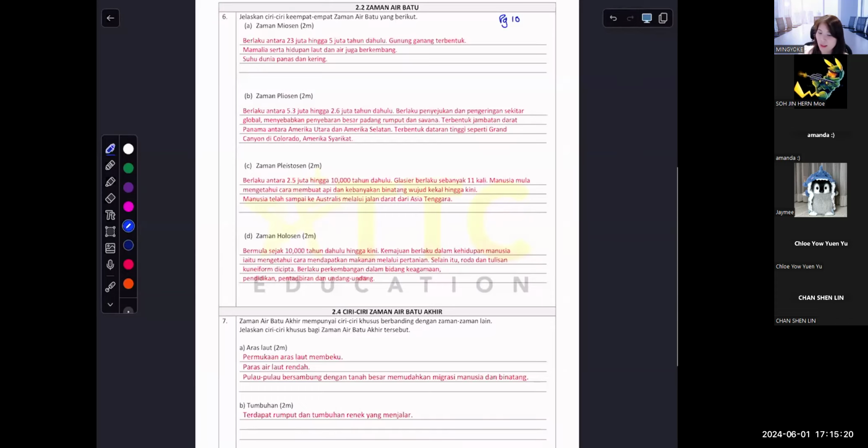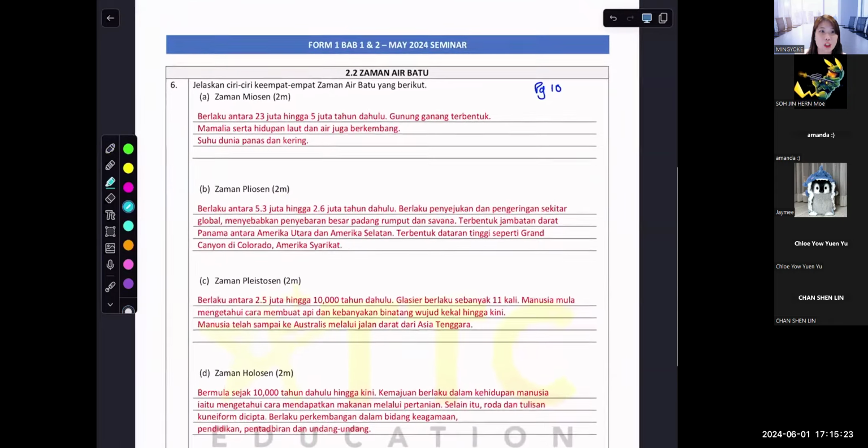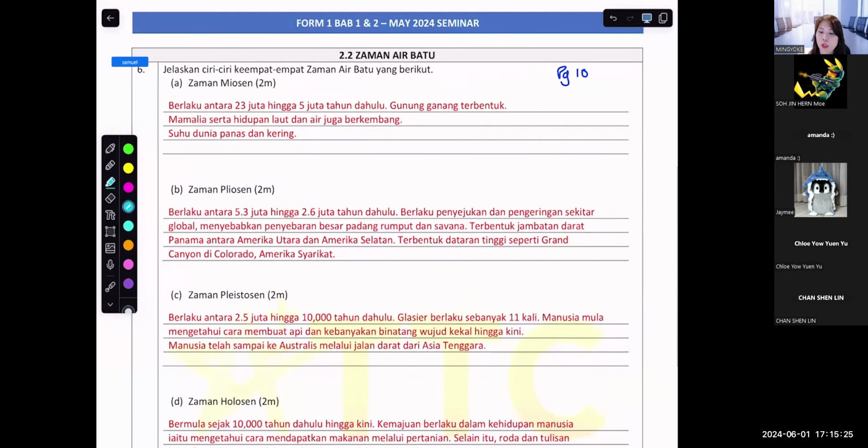Faham tak? So for example here, when you write your answer, Ciri keempat. Okay, you can write ciri-ciri zaman air batu, or you can say ciri-ciri zaman Miocene.